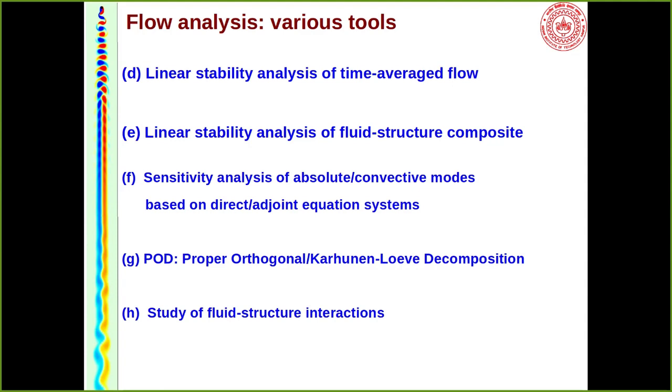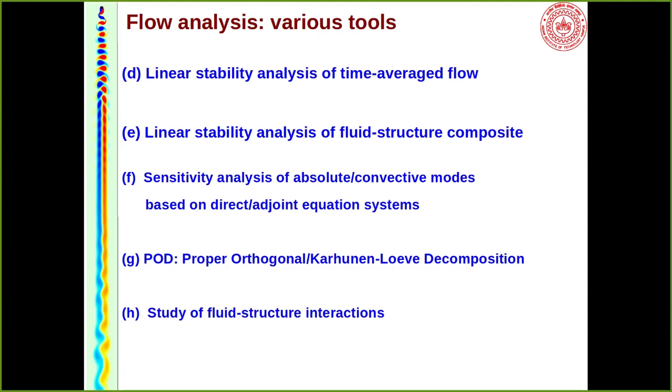So I do the full stability analysis, and maybe that's what we should do for this system. We take the fluid equation, we take the structure equations, the coupled ones, and then we do a stability analysis. And maybe that will tell us the coupled frequency, the coupled eigenmodes. Right, I will show you that. And then you can talk about the sensitivity, so I will not say too much about it.